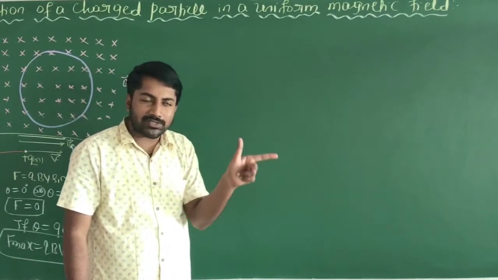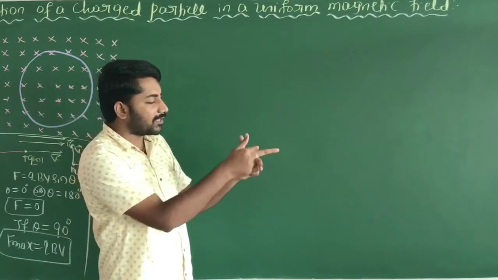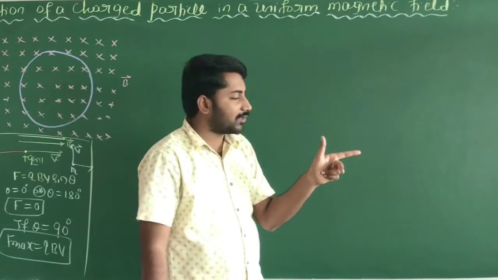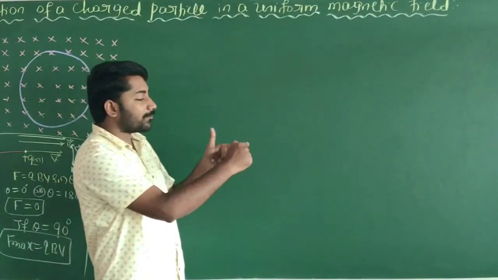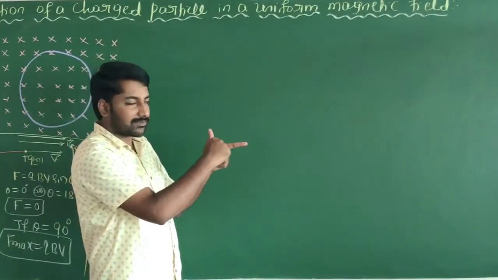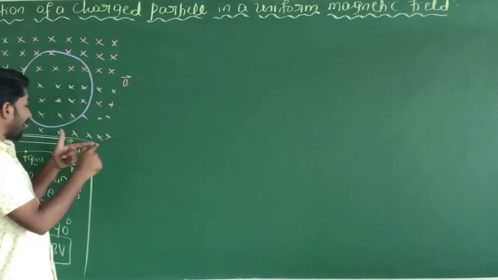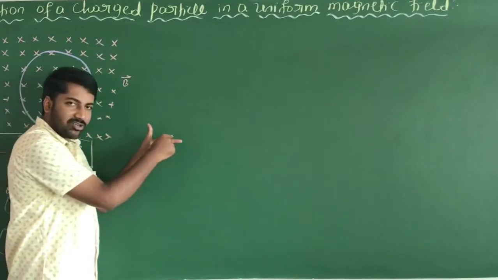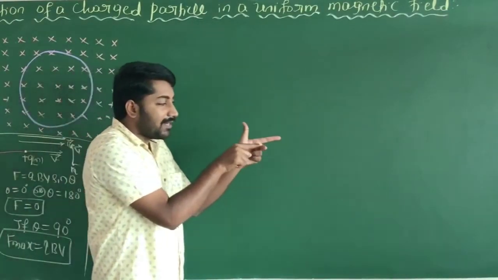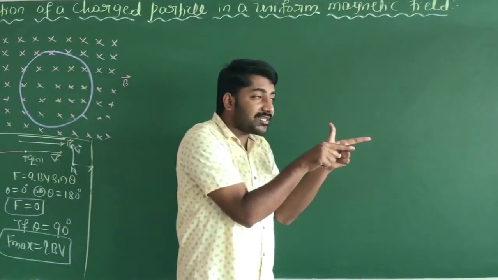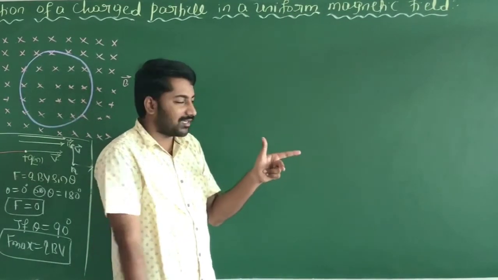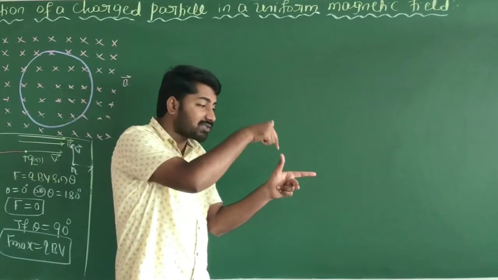Here, the forefinger indicates the direction of the magnetic field, the middle finger indicates the velocity of the charged particle, and the thumb indicates the force acting on the charged particle.